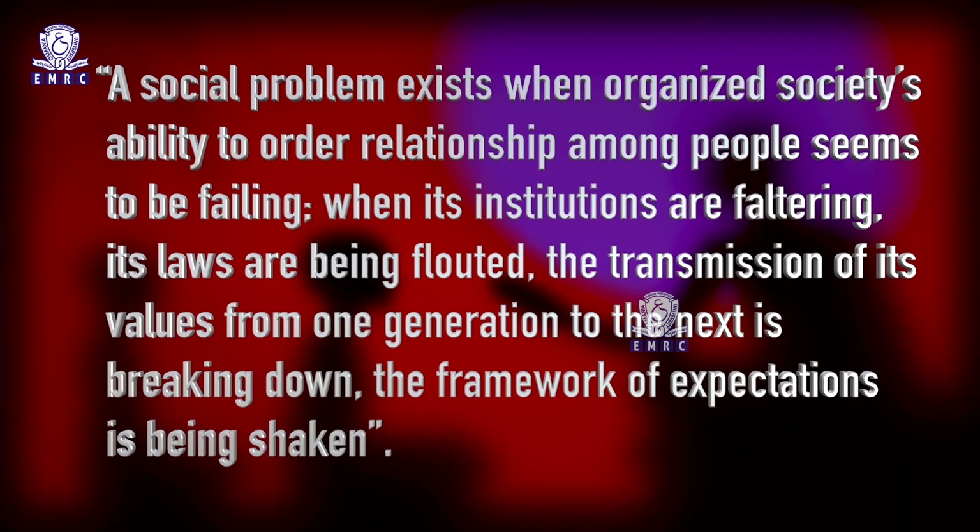In regard to the first aspect, they say, a social problem exists when organized society's ability to order relationships among people seems to be failing, when its institutions are faltering, its laws are being flouted, the transmission of its values from one generation to the next is breaking down, and the framework of expectation is being shaken. A social problem being thus defined, juvenile delinquency is to be seen as a breakdown in society itself.